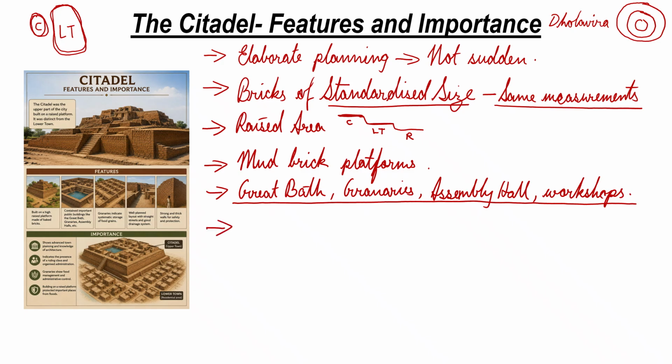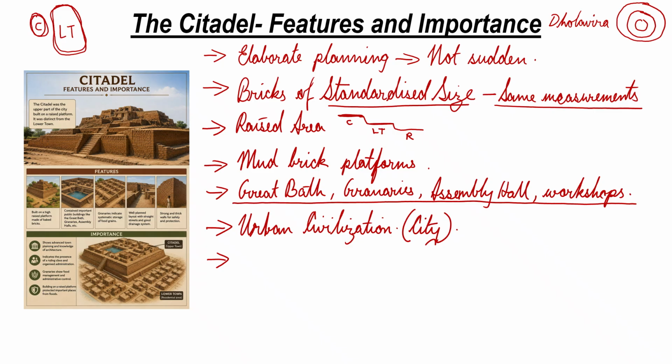Now, why was the citadel very important? Because this proves that Harappa was an urban civilization. Means people had the knowledge of city structure. Urbanization always means city. So wherever you find the word city, you can know that it is synonymous with urban.